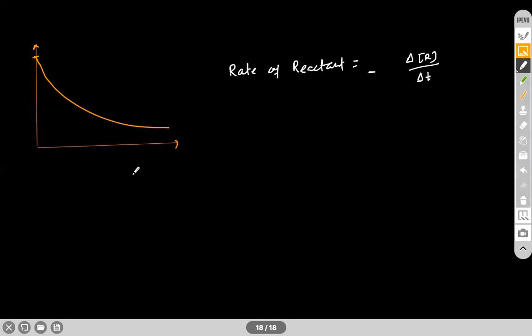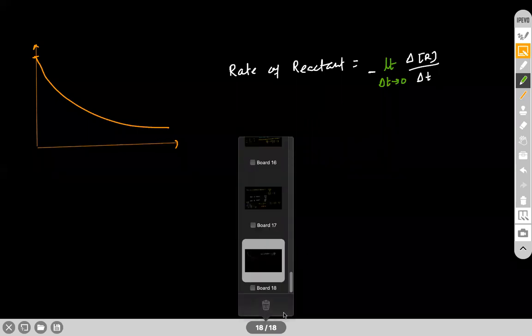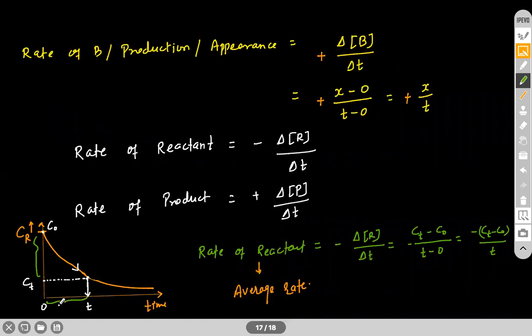Now what I'm thinking here, if I write down minus delta R by delta t, with the limit delta t tends to 0. Now you see this graph here, when delta t tends to 0, then what happens? This difference you are trying to make 0, means you are shifting this point left side towards this 0. Yes or no?